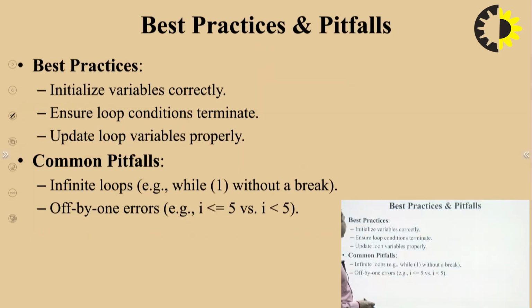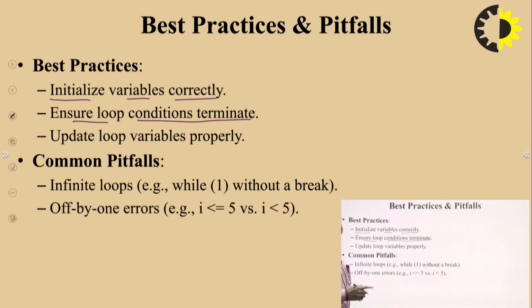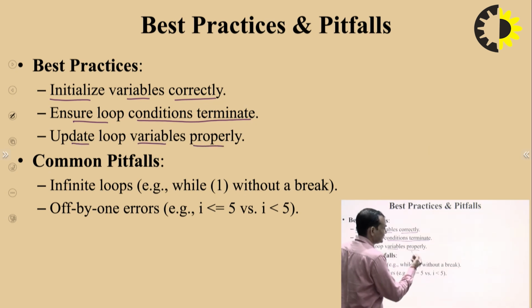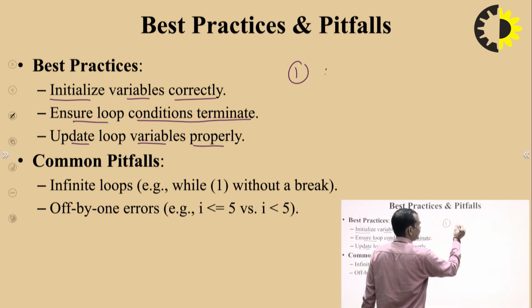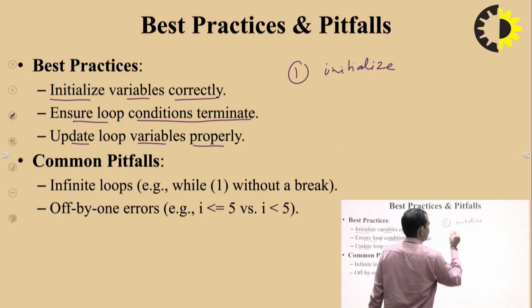What is the best practice? First, we have to initialize the variable correctly when we use it. Second, ensure loop conditions terminate, so that it will not print infinite times. Third, we have to update the loop value. These are the three steps. Firstly, we initialize, as we discussed at the start of this lecture.